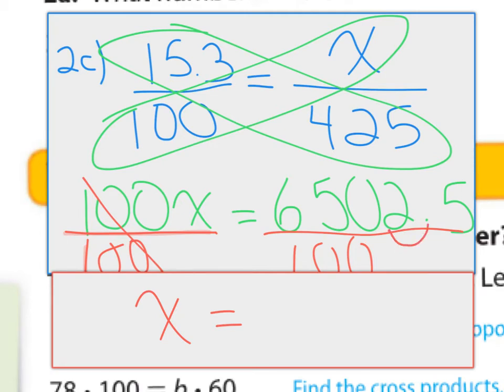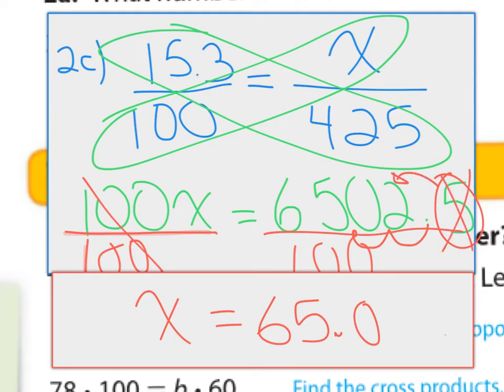So it becomes 65.025, but I want you to round to the nearest hundredth. So let's erase that 2 5, and because it's a 5 or greater, it's going to change our value from 2 to 3.